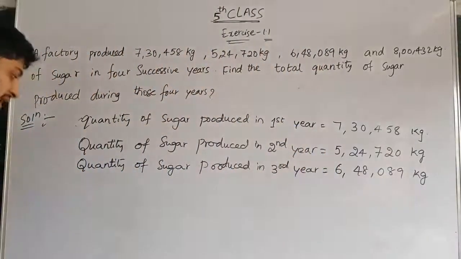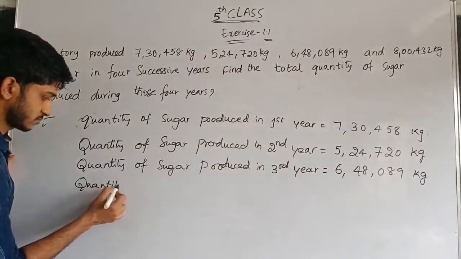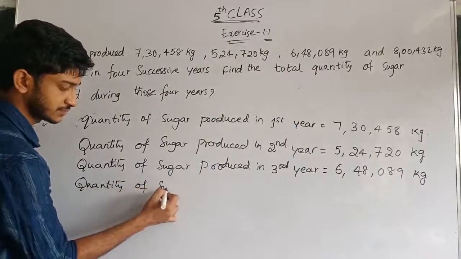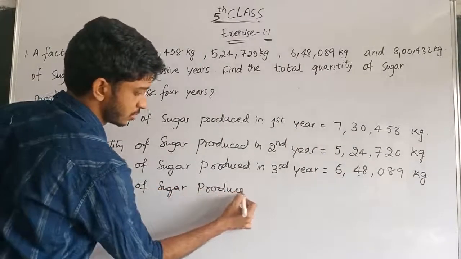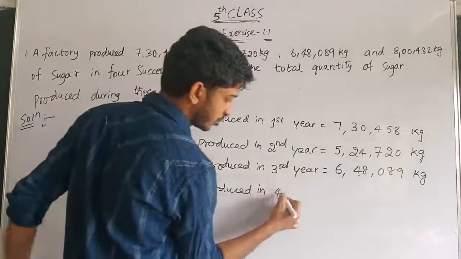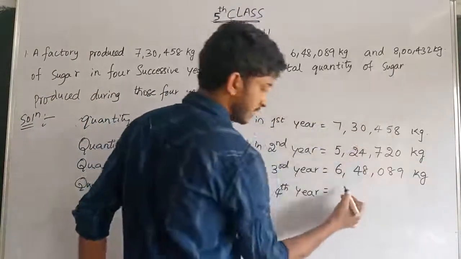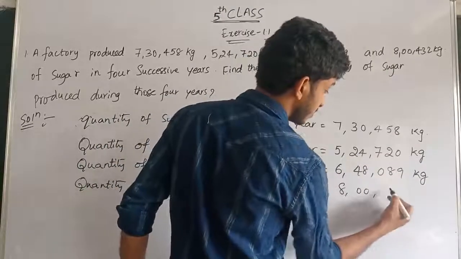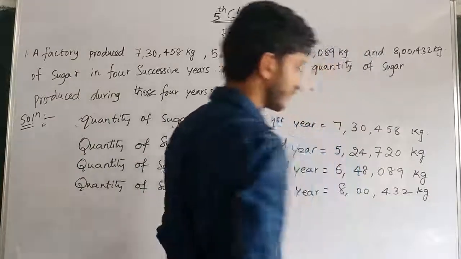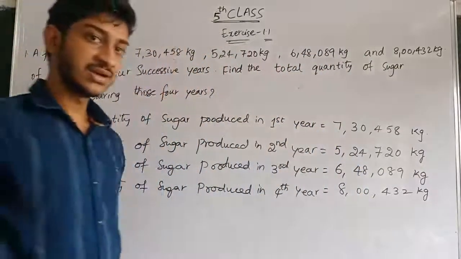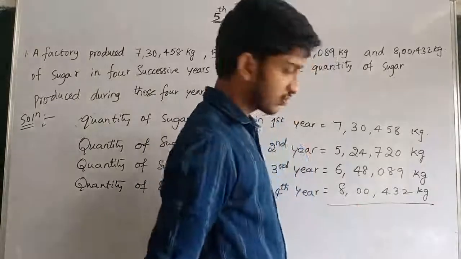And in the last year, the fourth year, the quantity of sugar produced is 8,432 kgs. Okay. So he is asking for the total quantity, then we have to add these 4 quantities.